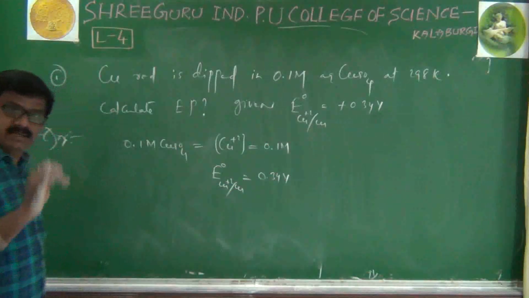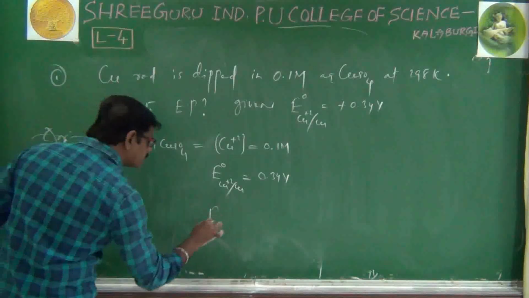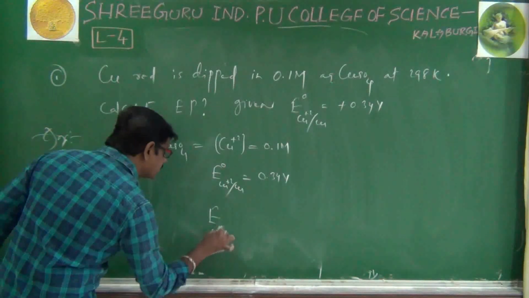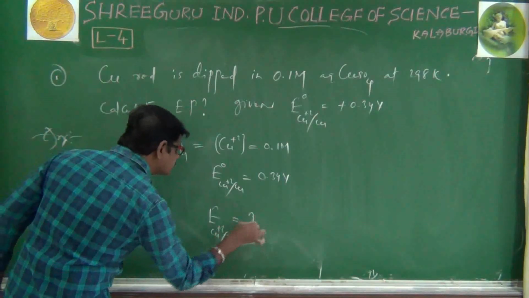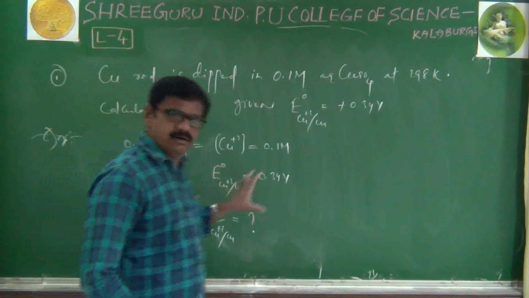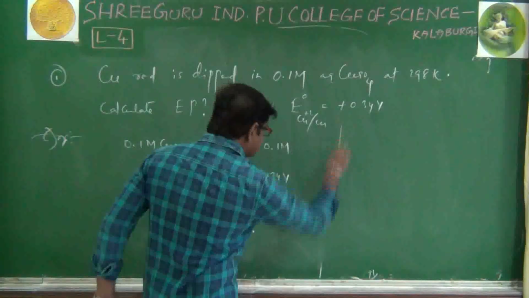But what do we have to calculate? It is a standard potential given; we have to calculate the single electrode potential, E of Cu plus 2 oblique Cu, which is the question mark. For this purpose, we'll use our Nernst equation.